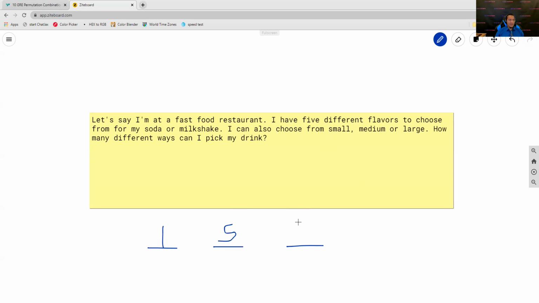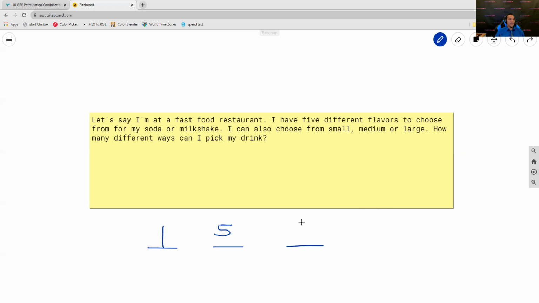So let's say I pick 1 small lemonade soda. That would just be this. But let's say instead, I don't know my flavor. I could pick from 1 small vanilla soda or 1 small strawberry soda, etc. Now let's say I don't know my size.